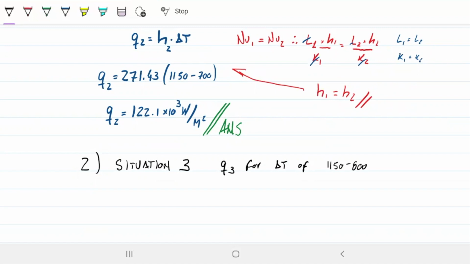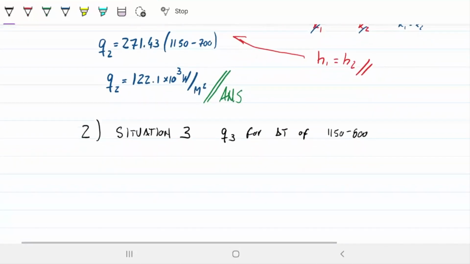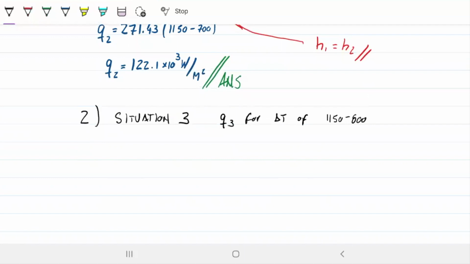So first thing to know is that if my convective coefficient is the same, then Q3 would be the same thing as Q1, right? But we need to check if that's true, because now we have things that did change. So what did they say? They told us that Nusselt on situation 1 equals the Nusselt on situation 3. Or if you will, situation 2, because they're all the same, right?